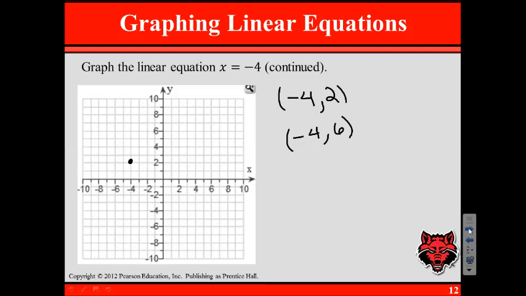Our second point, -4, 6. We start at the origin again, move 4 units to the left, 6 units up. Once we have 2 points, we draw a line through those 2 points. Let's put an arrow at each end. And that is the line that represents the equation x equals -4.